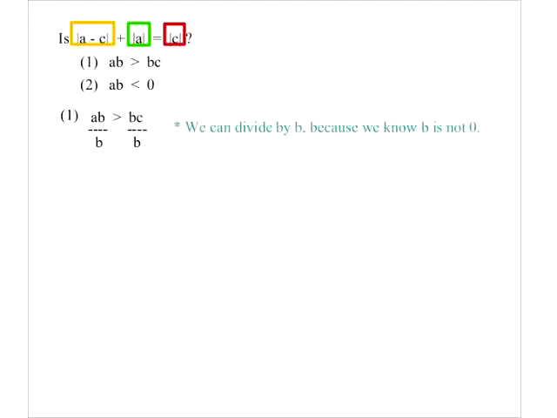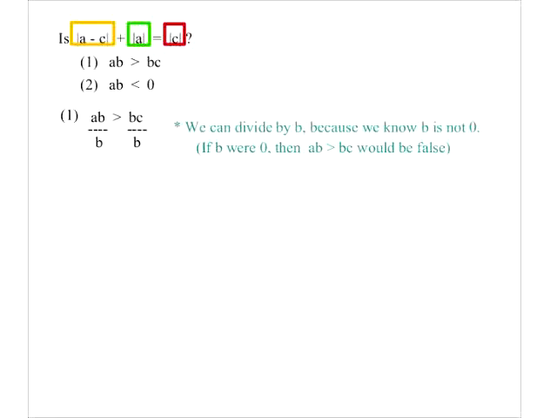Does anybody know why we know B is not 0? B does not have to be positive, but yeah, exactly, the inequality. If B were 0, then the statement AB greater than BC would be false.